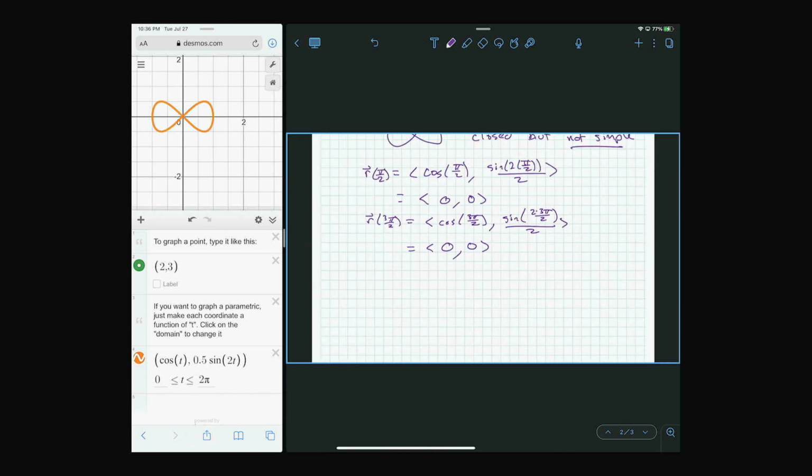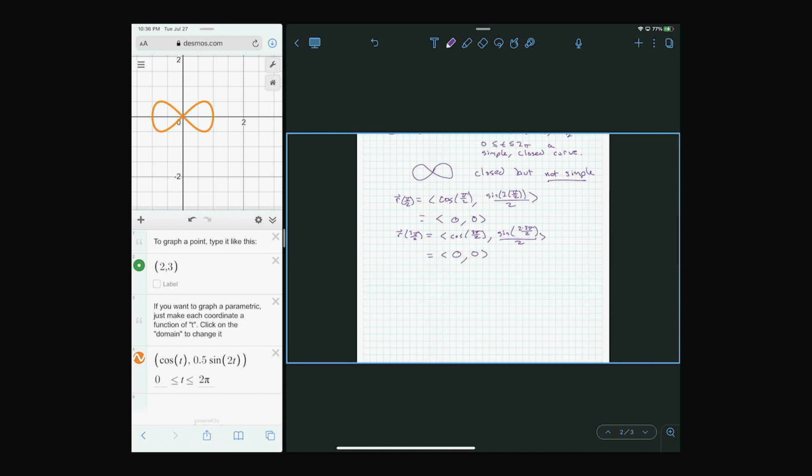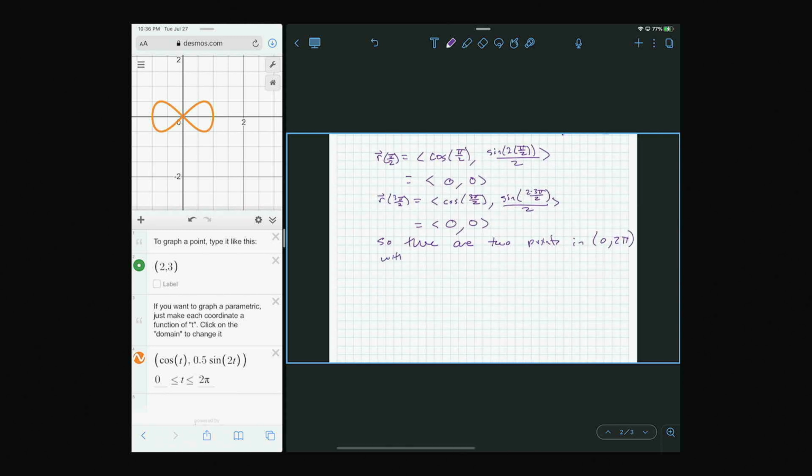And so you see we got 2 points inside of the interval. So there are 2 points in the open interval 0 to 2 pi with the same output, 0, 0. So the curve is not 1 to 1.